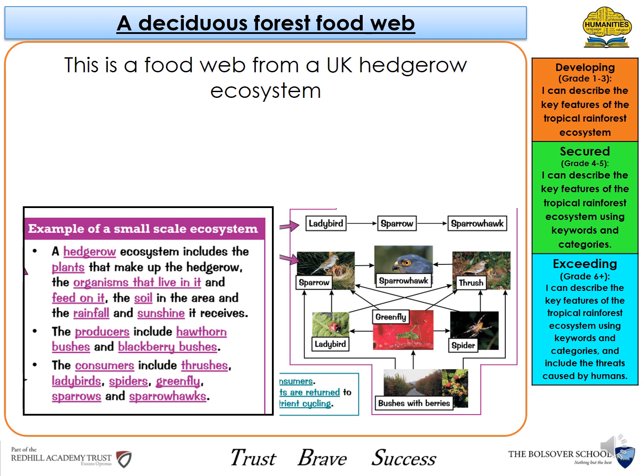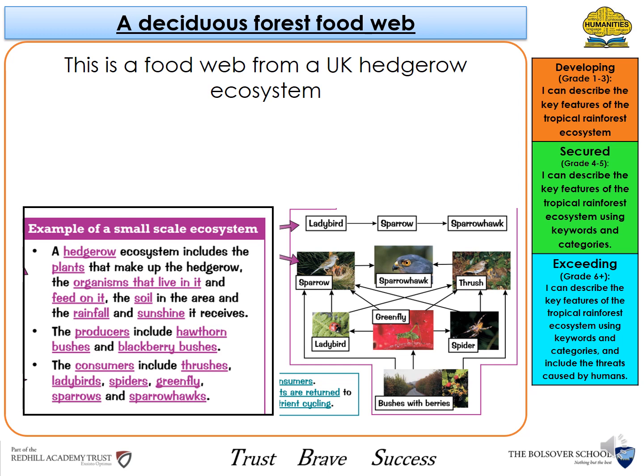What I wanted you to then think about is examples of things like food webs in an ecosystem. If you look on the slide at the moment, you've got a food web which starts off with the bushes and the berries. They're the producers in this ecosystem. From those, you've then got various different consumers.